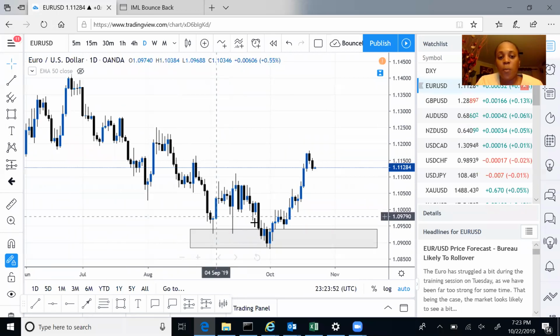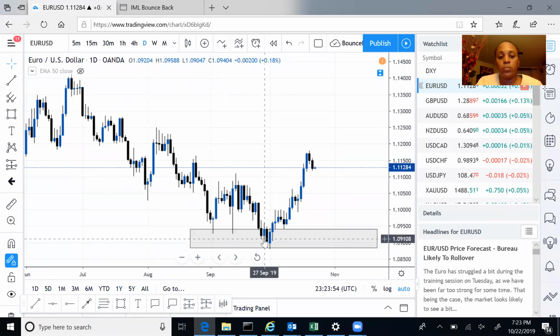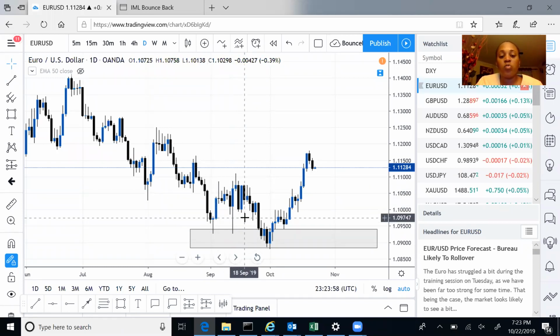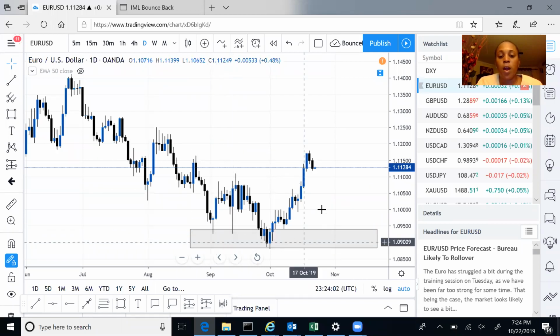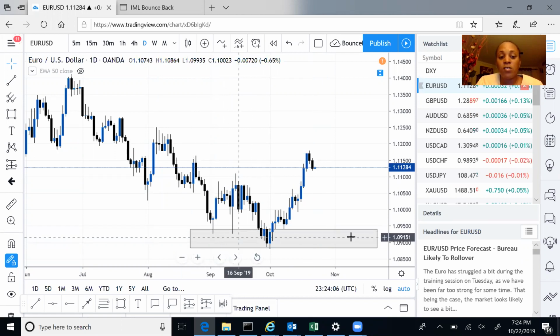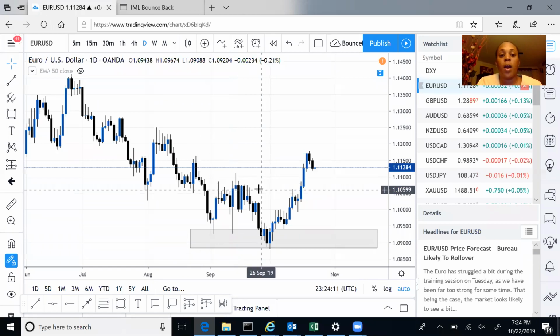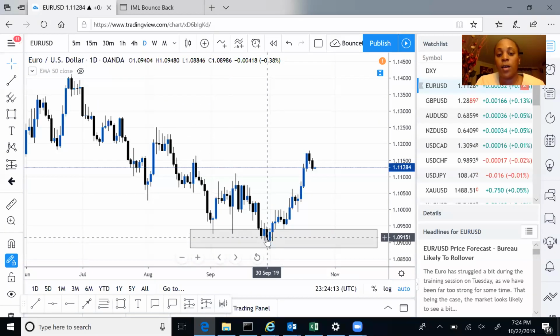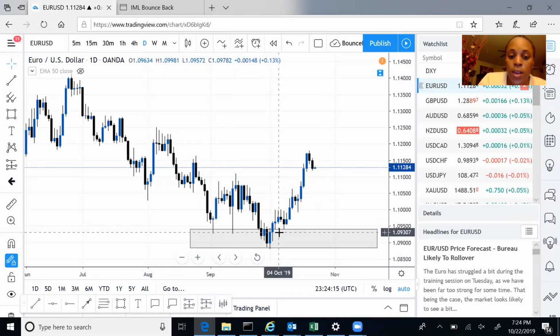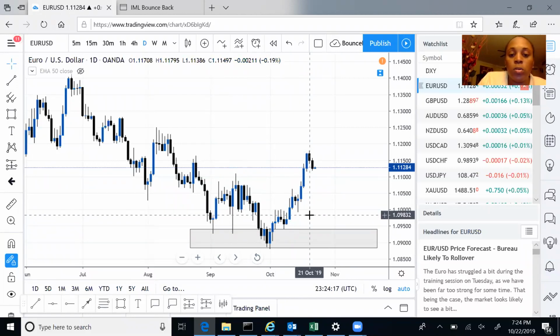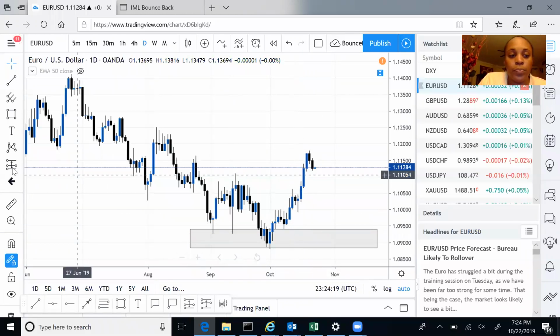So if the sellers are pushing the market down, and every time it comes here, it gets a serious rejection. You see a lot of wicks, you see the market being rejected all the time, means that the buyers are in this area. This is their zone, and they're pushing the market up every time the sellers come down here, right? So this is your zone that you need to identify.